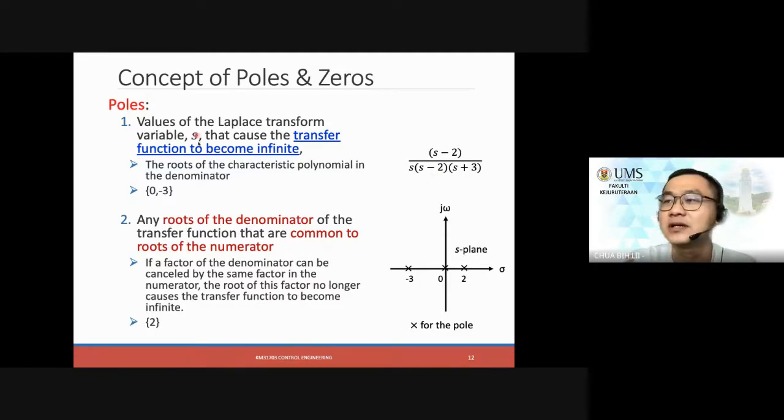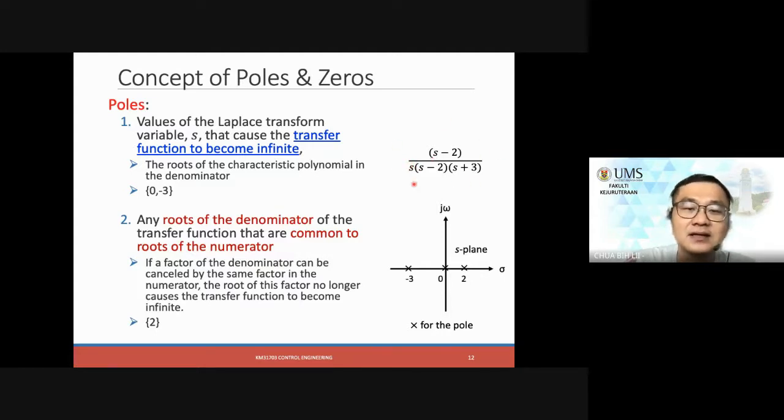So the poles refer to the Laplace transform variables that cause the transfer function to be infinite. If you would like the transfer function to be infinite, what would you do? You would turn the denominator into zero. Meaning to say, if you put 0, this whole transfer function will become infinite.